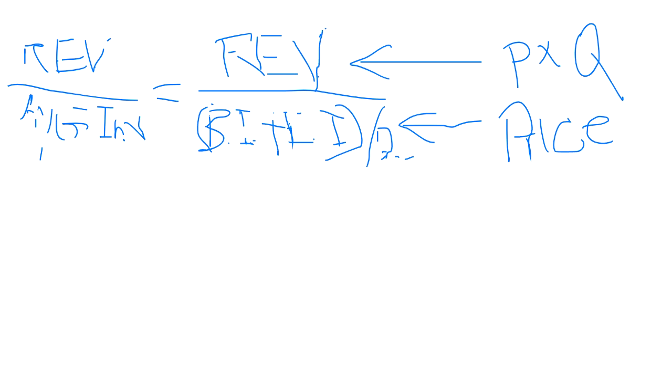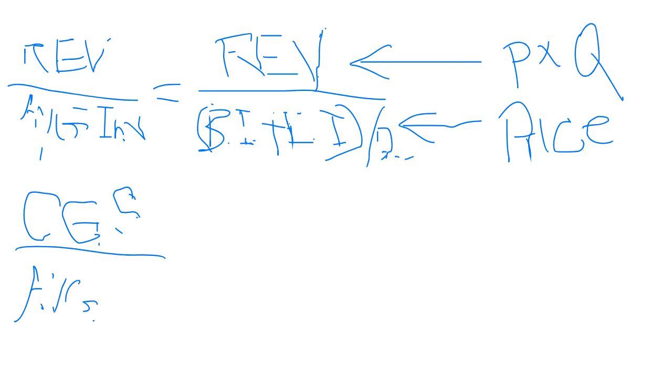But manufacturing's inventory, last time we talked about that, is expressed all in cost, right? That's why in manufacturing, the formula changes to CGS over average inventory. Right?